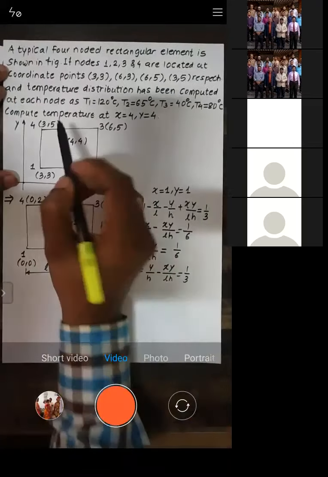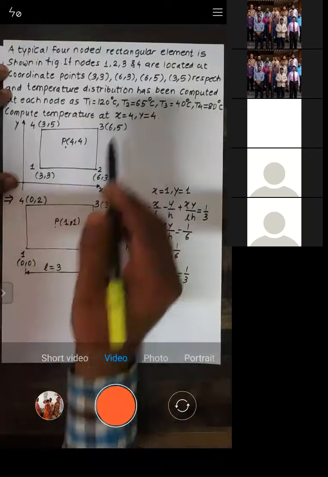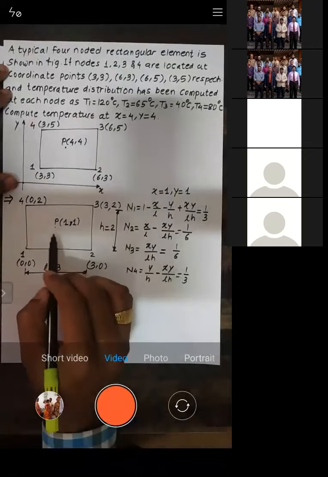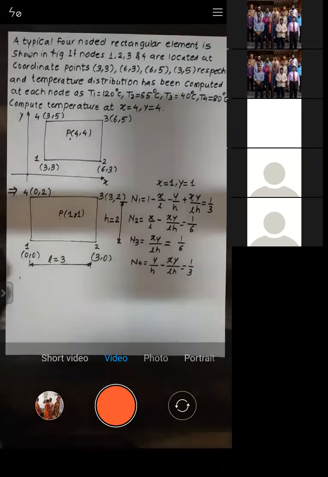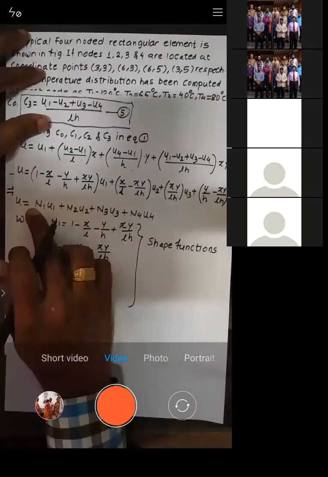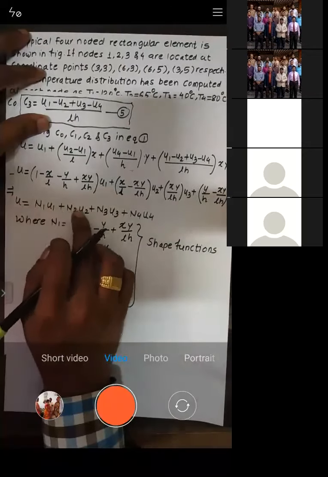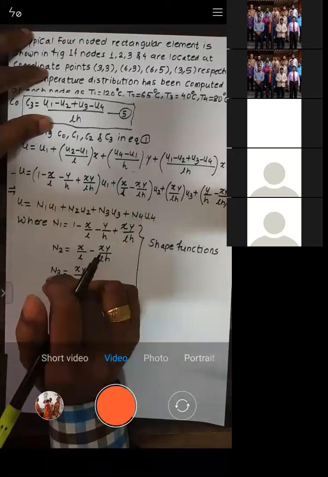So what are they asking? They're asking to compute the temperature at this point. Okay, so see, same like displacement. We have written the equation for displacement. What is that? U is equal to N1 U1, N2 U2, N3 U3, N4 U4.